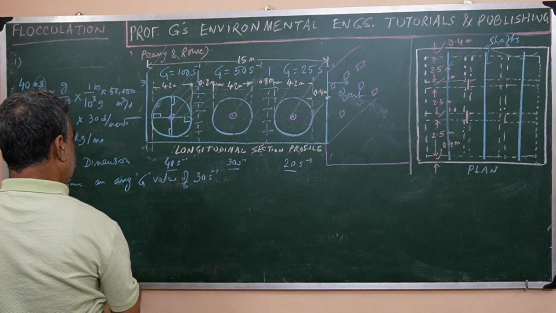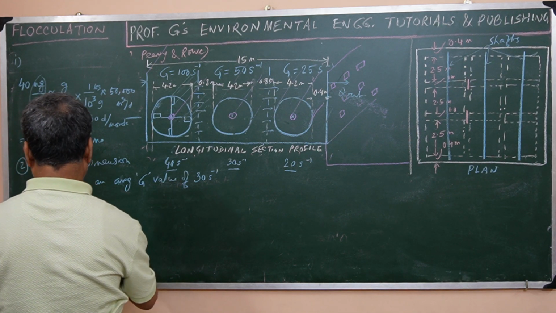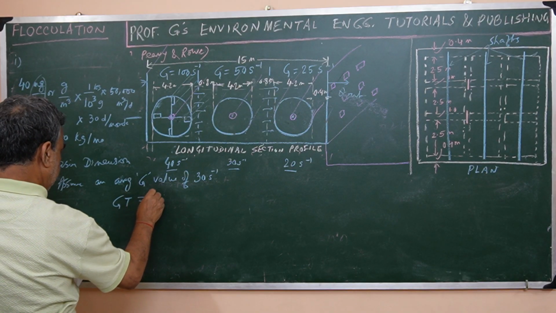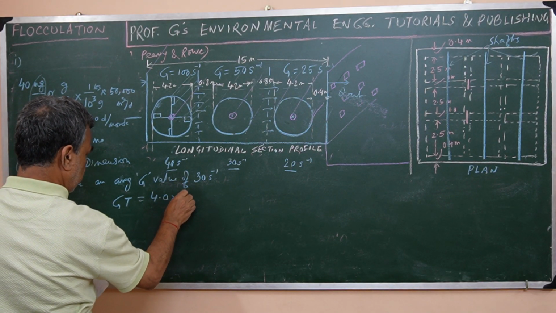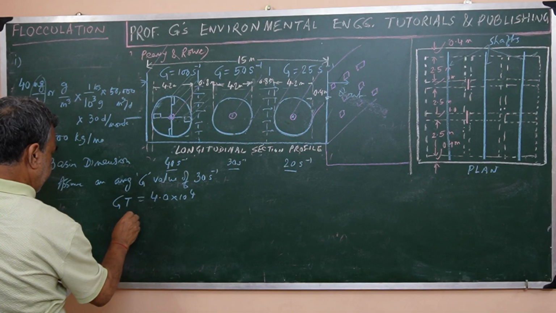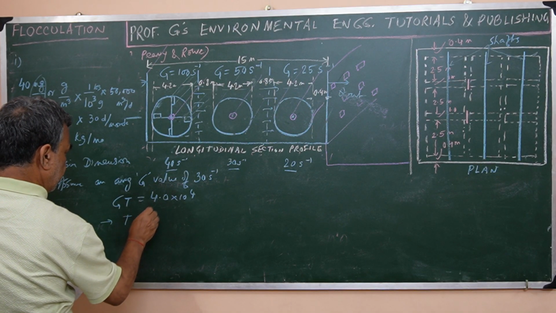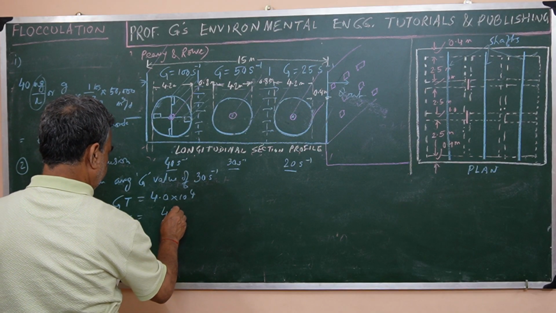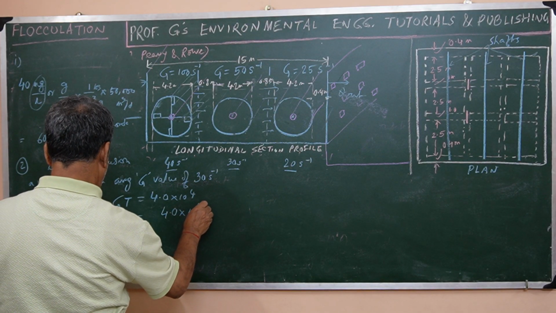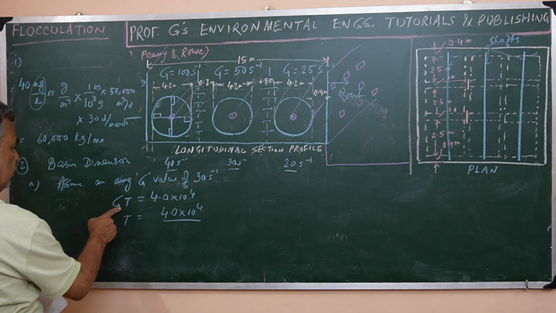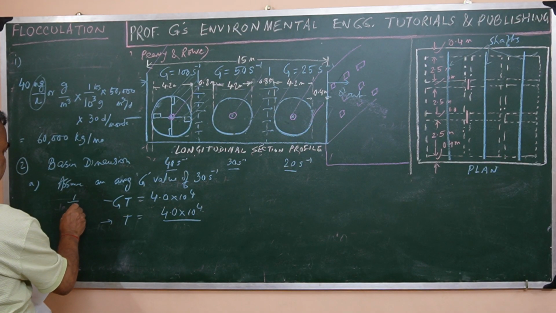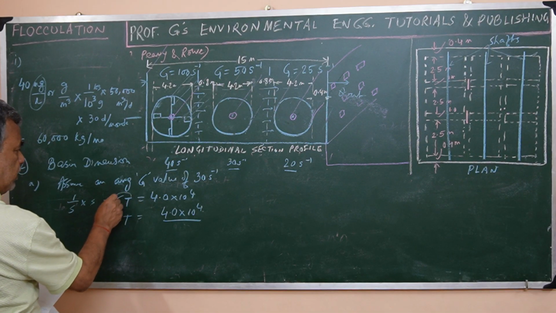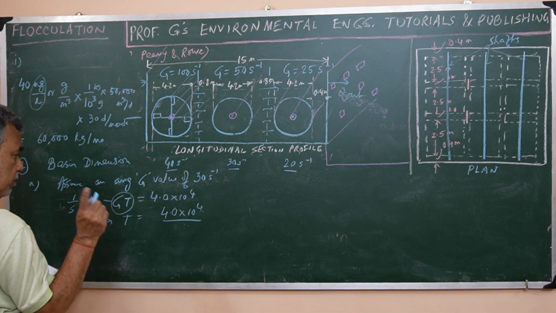Okay, so if we take that average, based on which we will calculate the volume later, GT is 4 into 10 to the power 4. This is, remember, dimensionless, because G is per second and T in seconds, that is why this product is dimensionless, remember this.